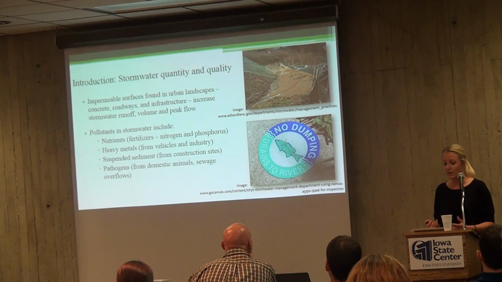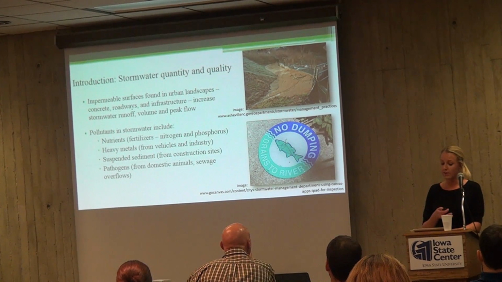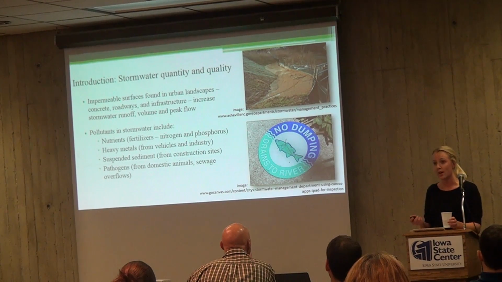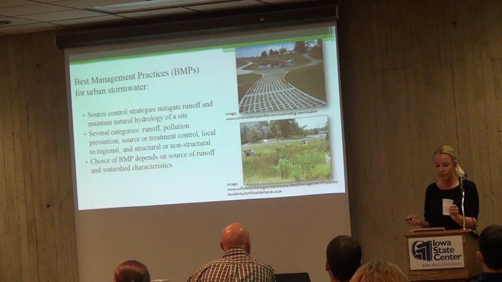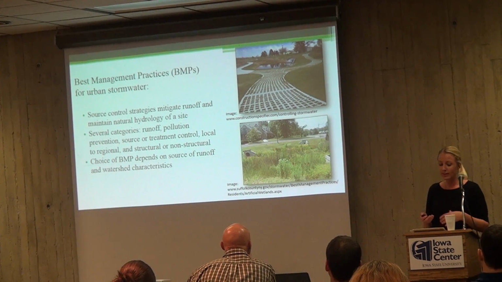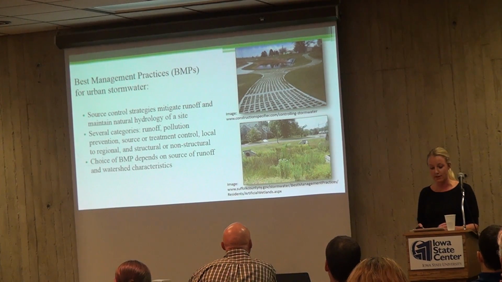In recent years, however, there has been a great interest in shifting stormwater management away from these conveyance systems and towards decentralized micro-scale control measures at the source. These source control strategies, or best management practices, aim to mitigate runoff while preserving or maintaining the natural hydrology of a landscape.